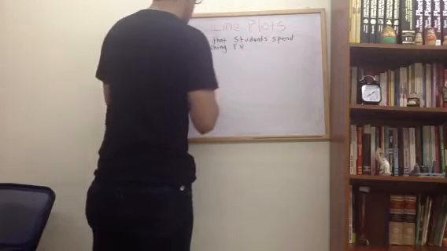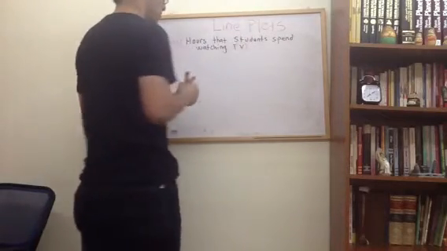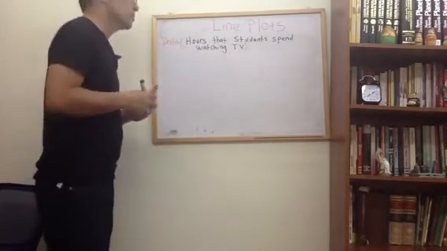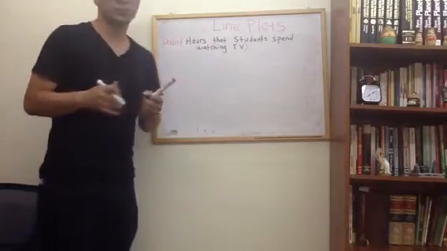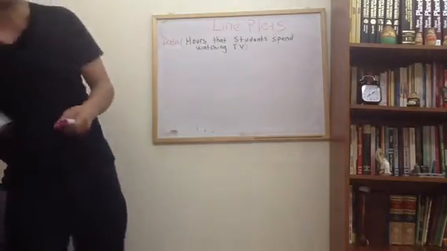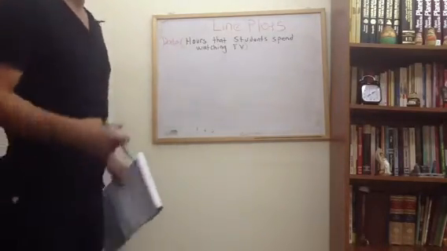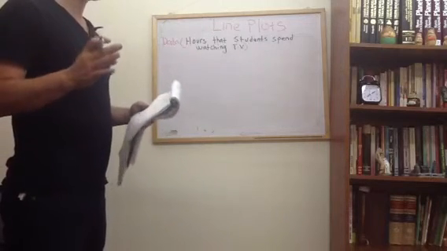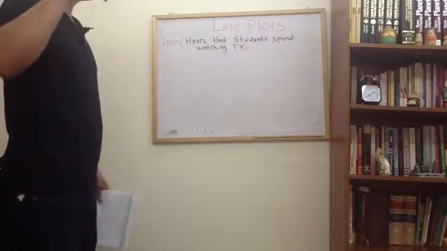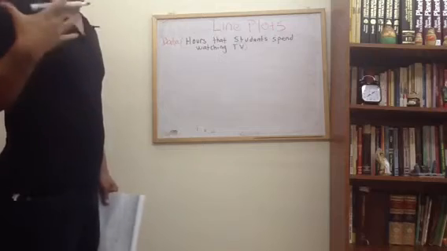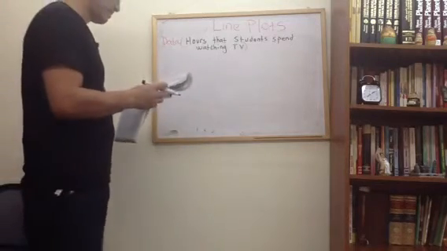So this is step one. I'm going to write the numbers of this data as I explained in the previous topic. So I'm going to write the numbers of hours that students spend watching TV. This corresponds to the data as well.